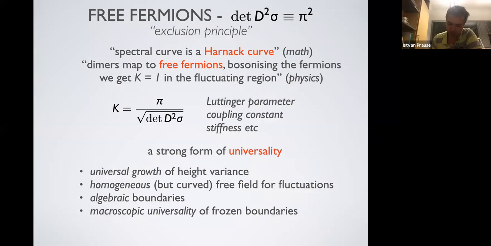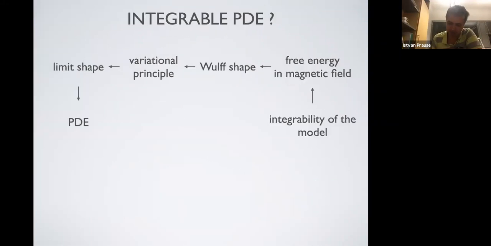So now I still wanted to recap the logic here. We have, let's say, the Aztec diamond limit shape problem, with certain boundary conditions. I told you that this can be studied in terms of variational principles.